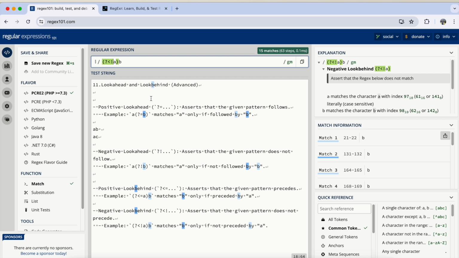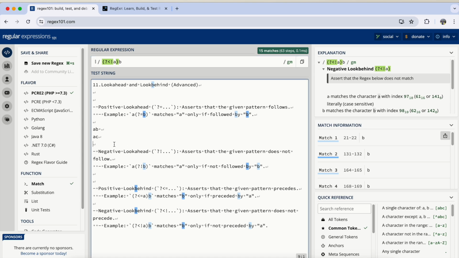So it is matching all the B's where A is not preceding it. For example, here B is not matched because it is preceded by A. Here B is matched because it is not preceded by A. Here B is matched, right? Because it is not preceded by A.